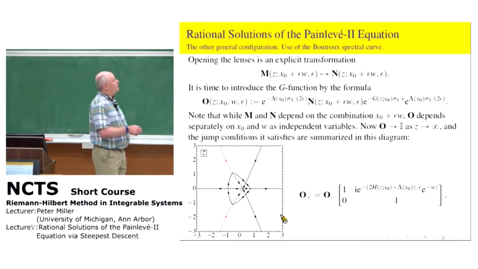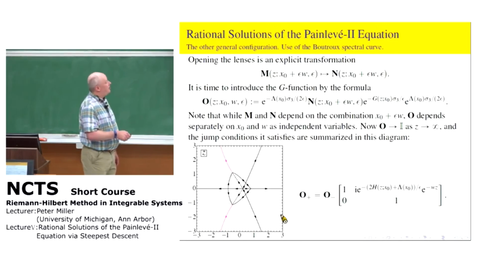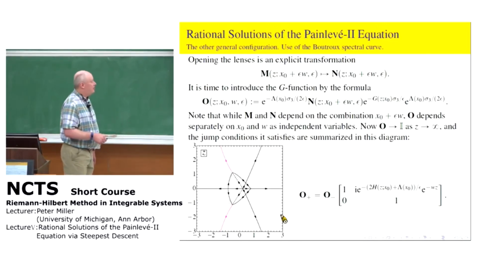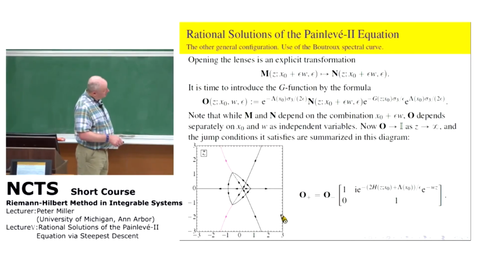So now the matrix O tends to the identity as z goes to infinity, and the jump conditions that it satisfies are summarized in this series of plots. So what I'm going to show you is just this curve is the jump contour, and I'm going to show you by the pink curves, on these pink curves in the z-plane, this is the jump condition for the problem. And now you'll notice that there's a minus sign here.